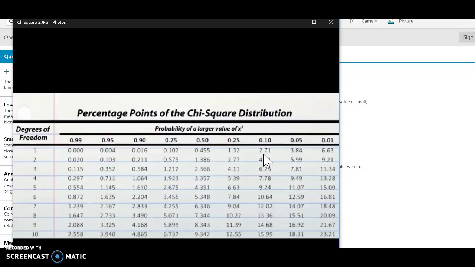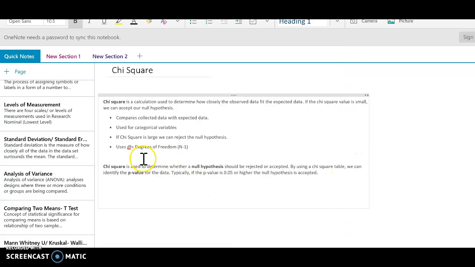So you're going to use the p-value that it was closest to. And in that sense, that's where you get p greater than 0.05. Okay? All right. Perfect. And that's what we use to report if it has no statistical significance.